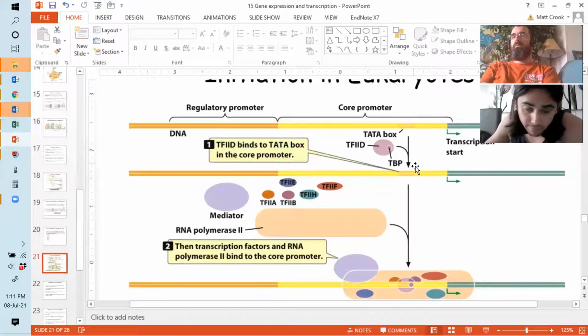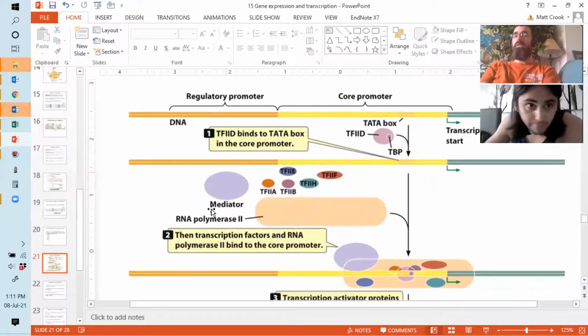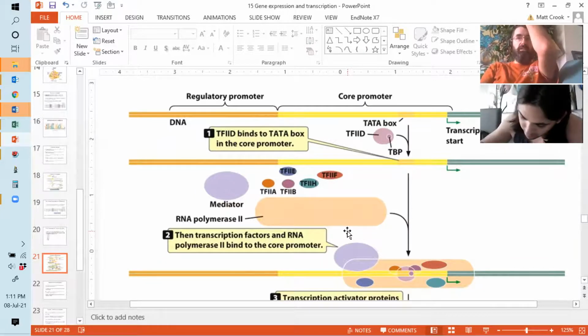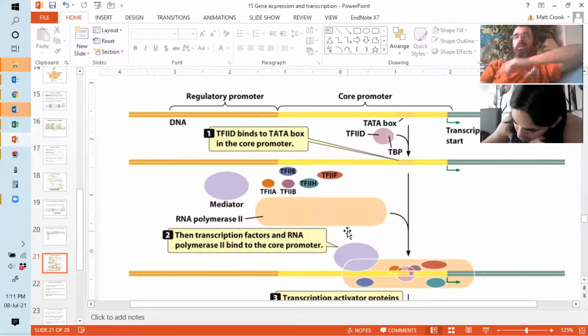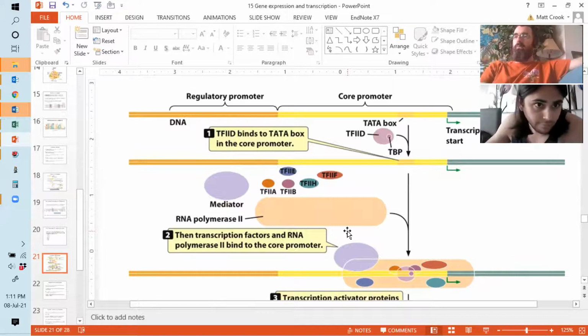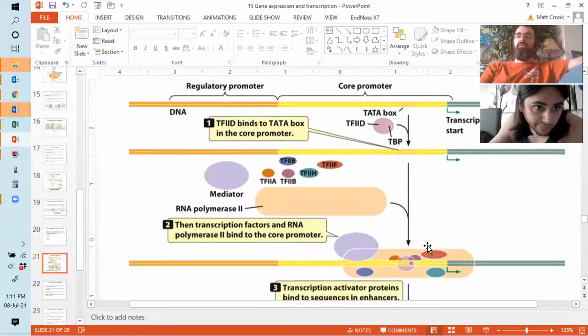So once these two are bound, all the other stuff is now recruited. And so far, relatively similar, I guess. You can kind of see the parallels. It's after that that things get very different, right?